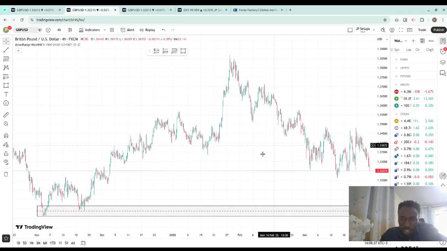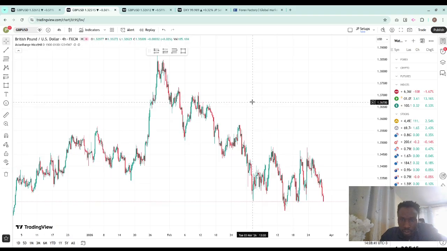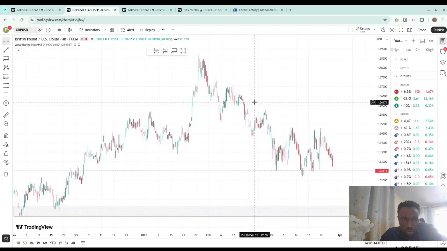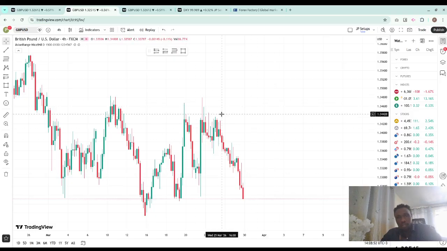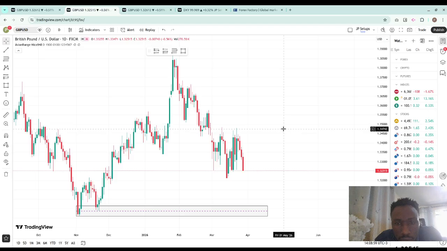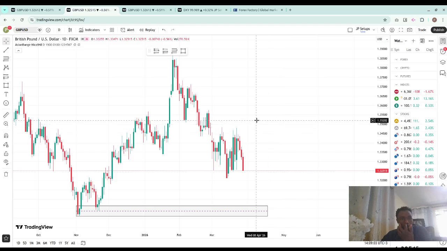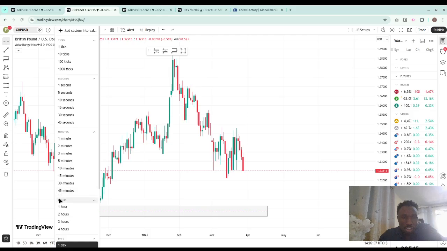So I'm still favoring sales on GBPUSD, and we'll be looking for opportunities for sales, especially since this retracement here did not close above. So I'm still favoring sales on GBPUSD.